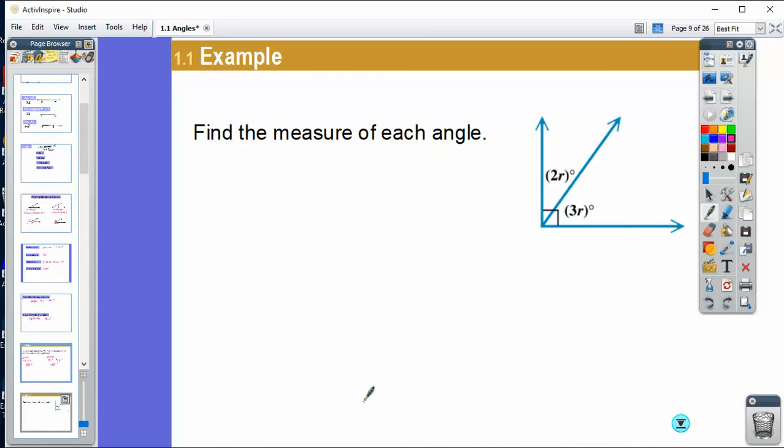What if I give you this picture? Could you find the measure of each angle in this? Do we know anything else? Two come together. Remember that box is a right angle symbol, so that means if you add those, they have to equal 90.